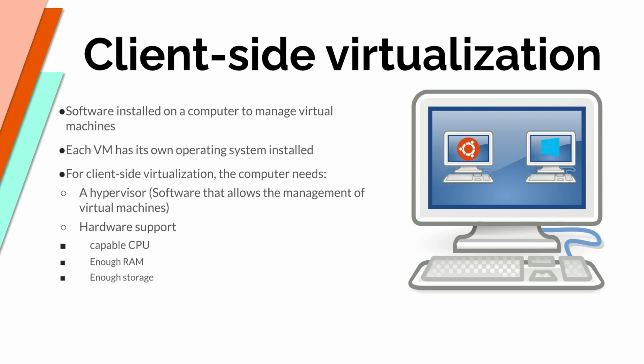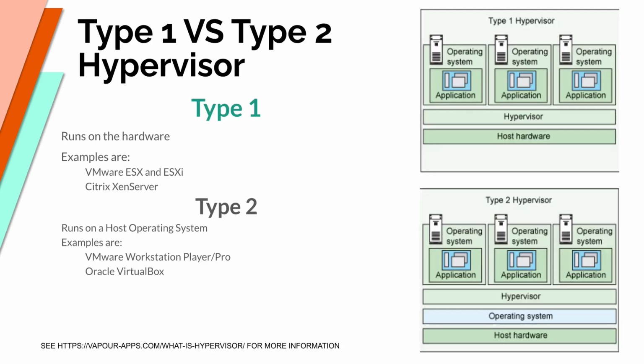The computer might be make-believe, but the resources are very much real, and the consumption of these resources is 100% real. So you need enough RAM and obviously enough storage because the virtual machine is consuming storage from your computer, right?